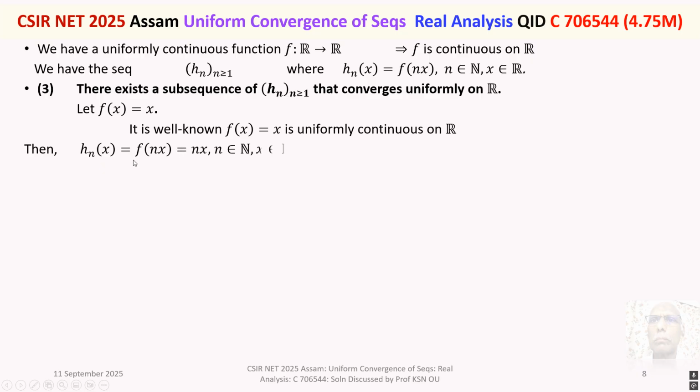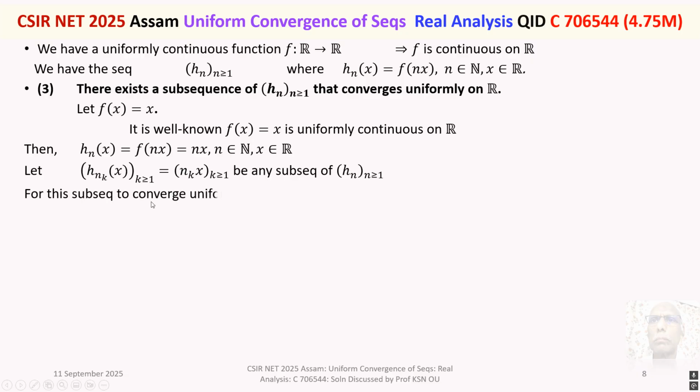Then h_n(x) = f(nx) = nx, n belongs to N, x belongs to R. Let h_{n_k}(x) = n_k x, k greater than or equal to 1, be any subsequence of h_n.